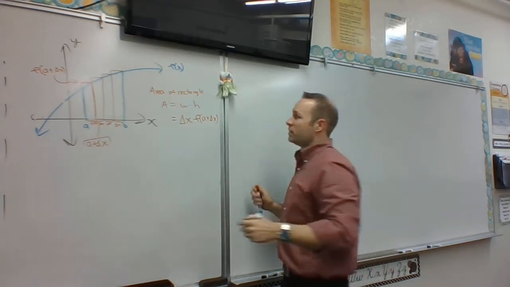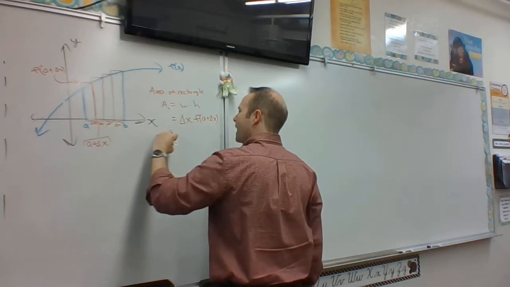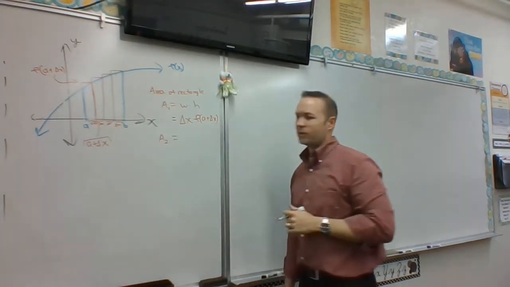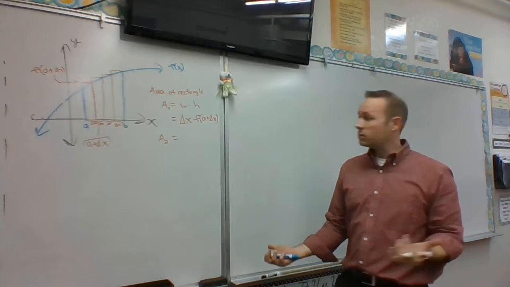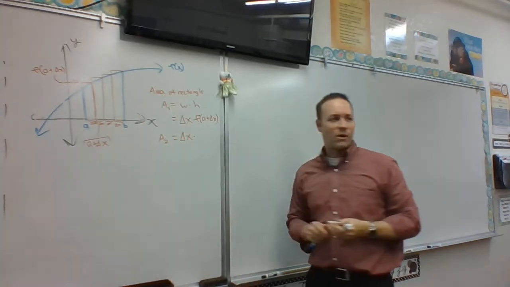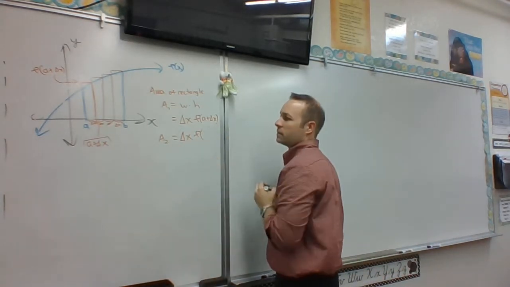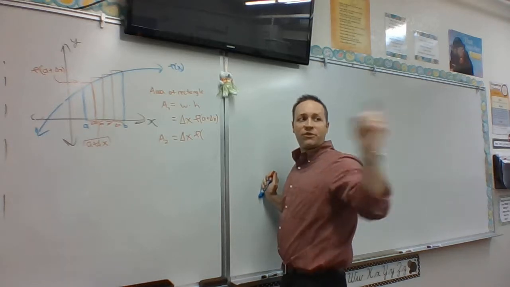So maybe I'll call it a sub 1. What would be a sub 2, the area of our second rectangle? What's the width? It's still delta x. What's the height now, though? It's f of a plus 2 delta x.